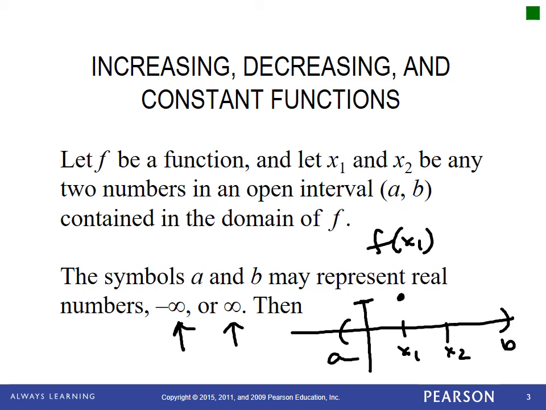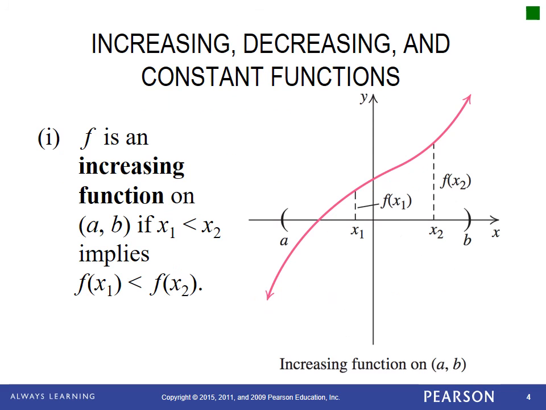So this is x sub 1, this is f of x sub 1. If I put this dot here, then this part right here would be f of x sub 2. So it's the y value, or the value at x sub 2. Let's go for it.